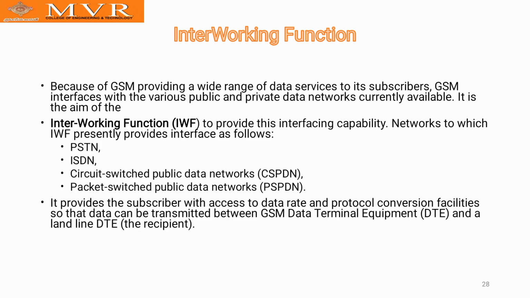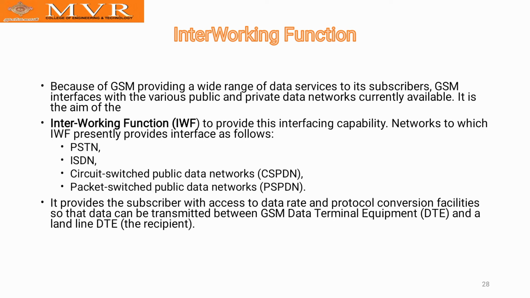Because of the interworking function, GSM provides a wide range of data services to its subscribers in a GSM interface with the various public and private data networks currently available. That is the aim of the interworking function, the IWF. It provides the interfacing capability to networks such as PSTN, ISDN, circuit switched public data networks and packet switched public data networks.